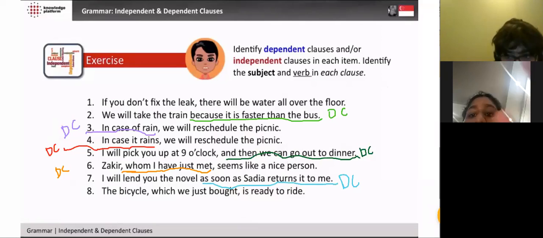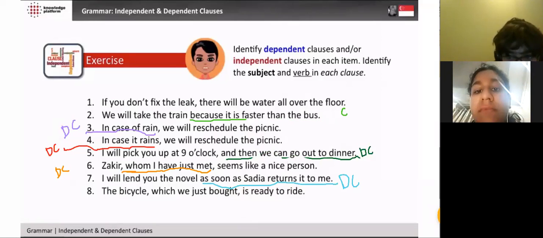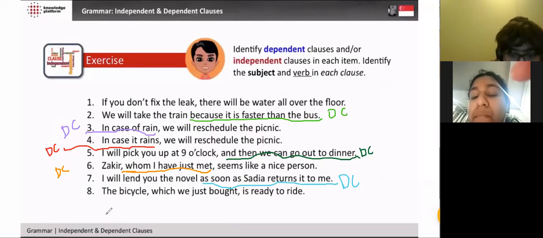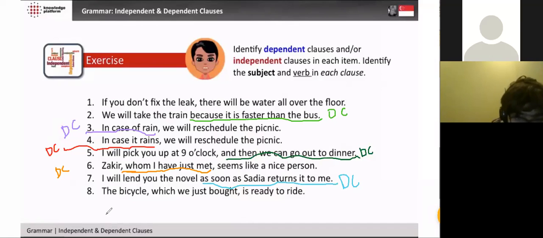The bicycle we just bought is ready to ride. Which we just bought is ready to ride. The bicycle which we just bought is ready to ride. Jaldi, jaldi, aakhri. Which one is independent? Which we just bought. नहीं नहीं नहीं. खुद देखो.